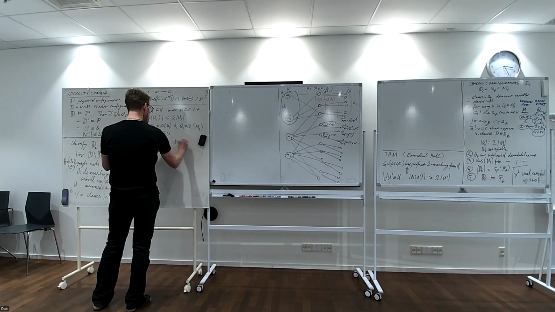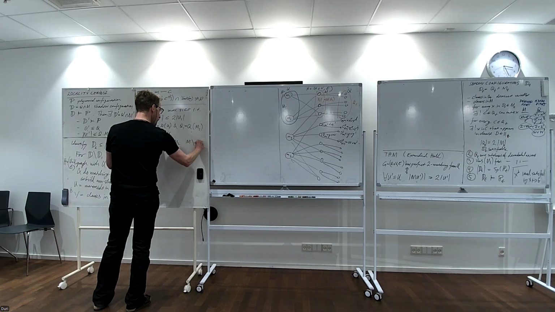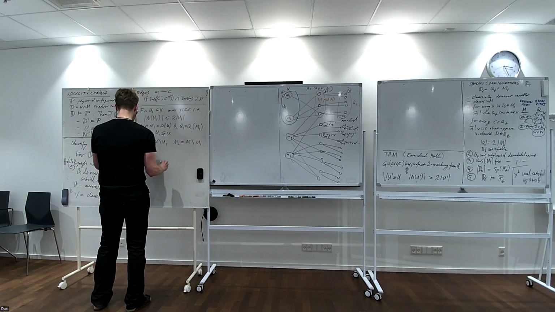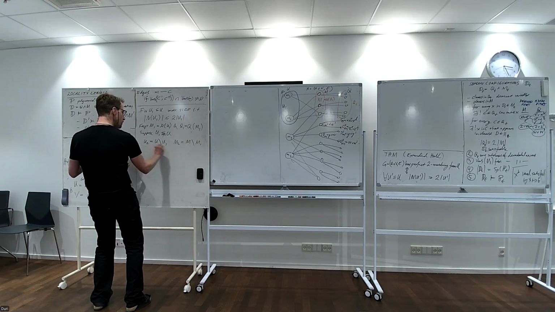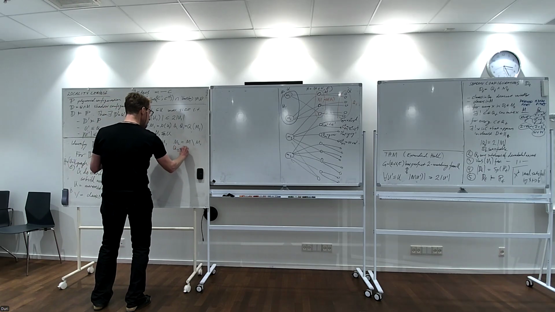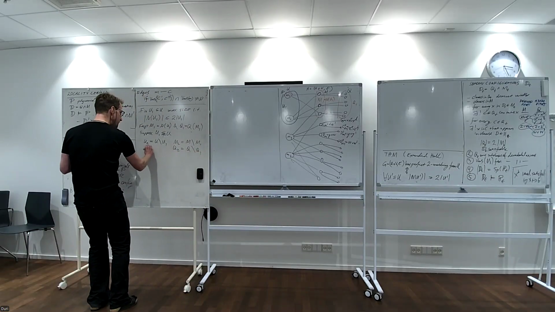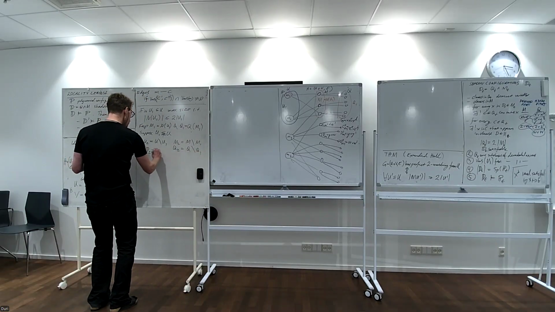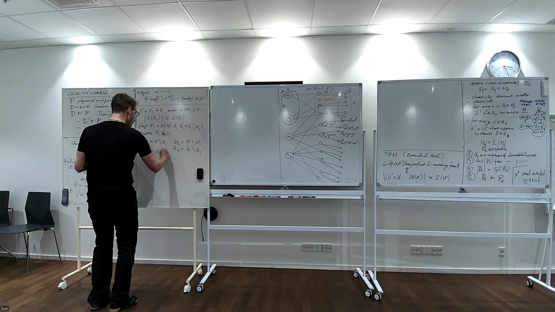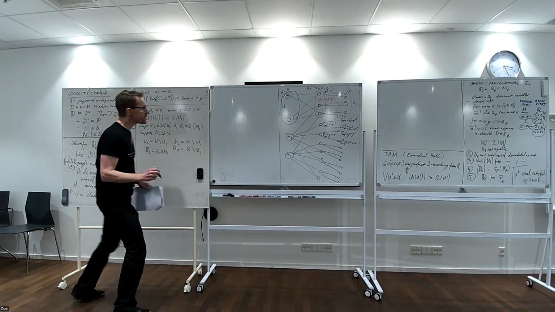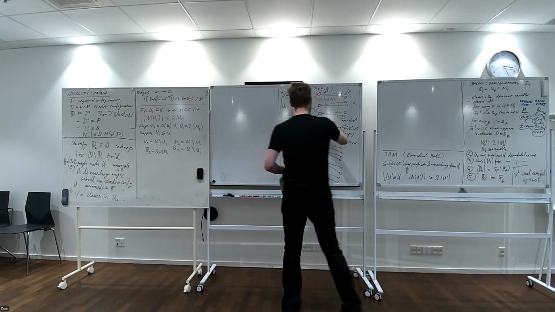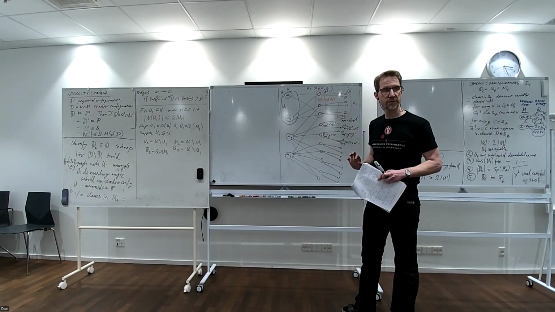I'm going to set M2 to be M minus M1, and Q2 to be Q minus Q1, obviously. And then D2 is going to be Q2 and M2. And this is the part that is too large.